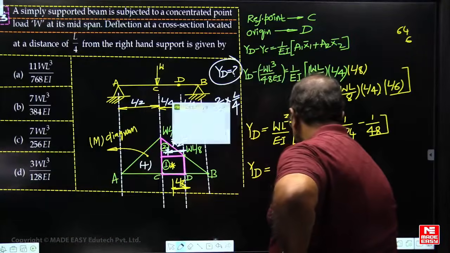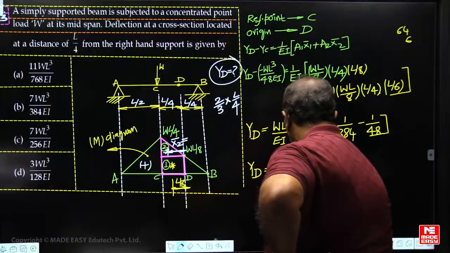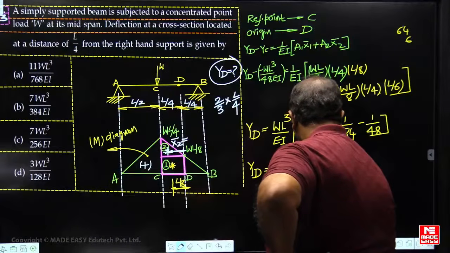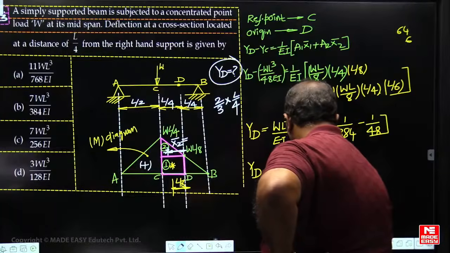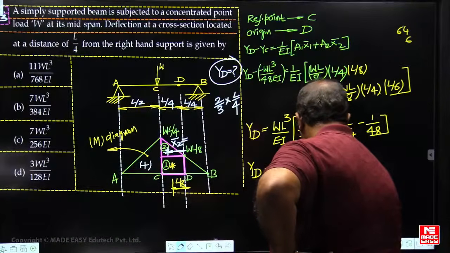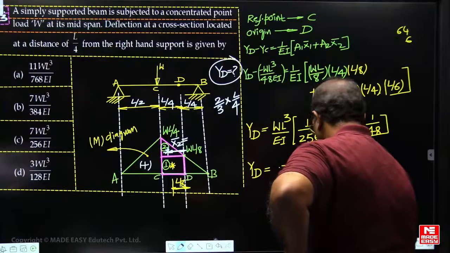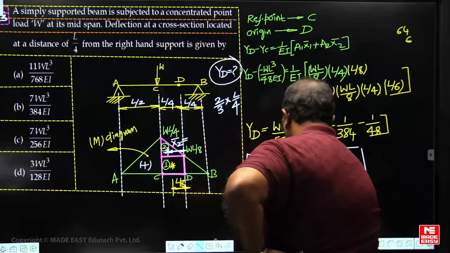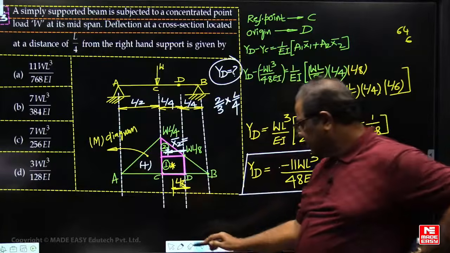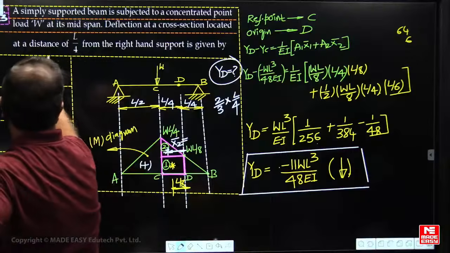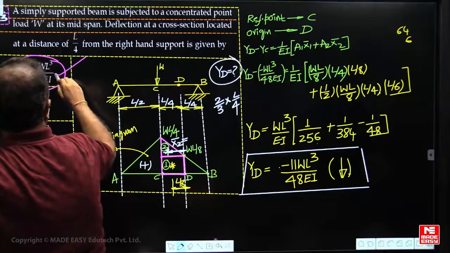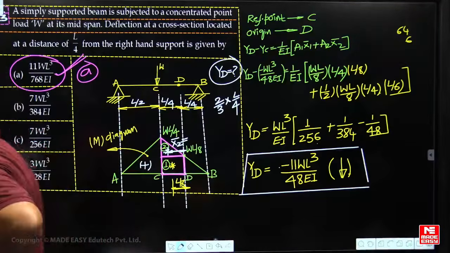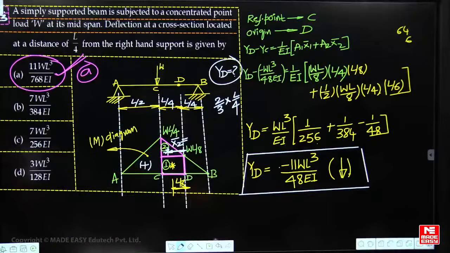Then the value you are getting is negative, and the meaning of minus is not downward. The answer for the question is A. Answer is A. Somebody has given A and D both.